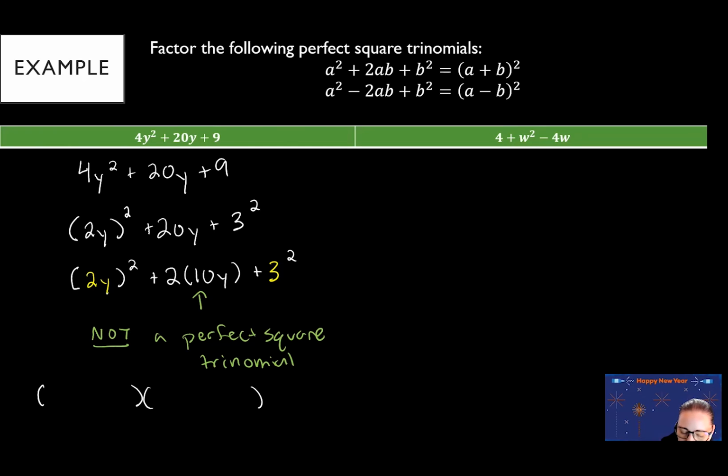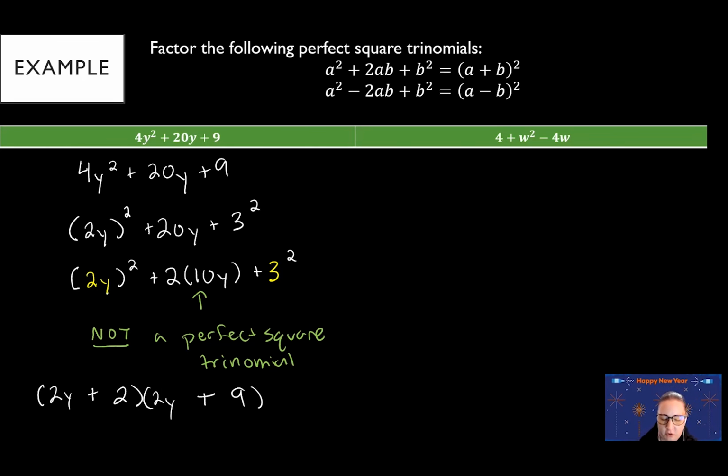I'm going to just try trial and error here for quickness's sake. Let's see. Because that would be quicker for me. Plus, I don't have a lot of space here. 18. So this can be factored. It's just not a perfect square trinomial.